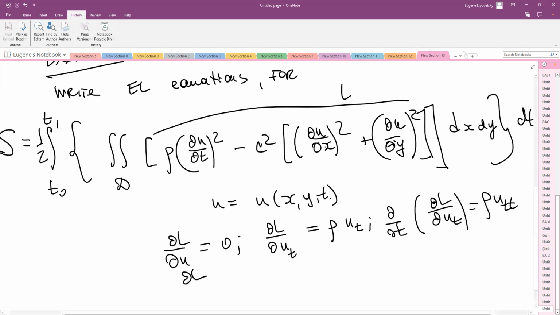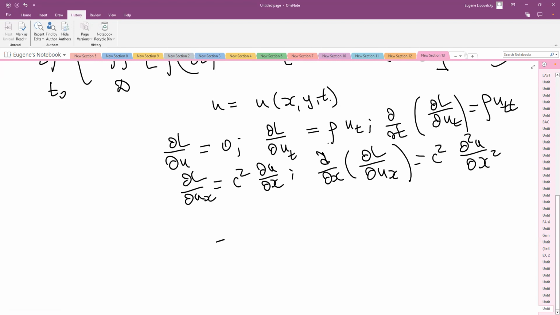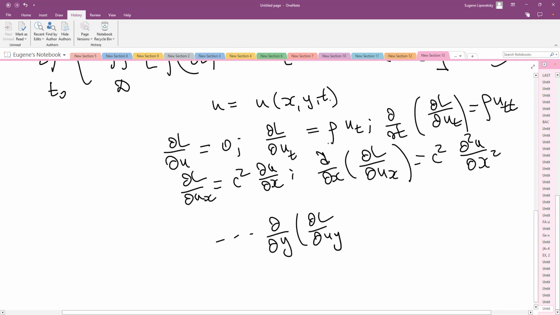Then we say dL over du sub x equals c squared du over dx. The 2 got canceled by the 1/2 here. So d over dx of dL over du sub x equals c squared d squared u over dx squared. Very similar to this, d over dy of dL over du sub y will be c squared d squared u over dy squared. By the way, this is a minus.